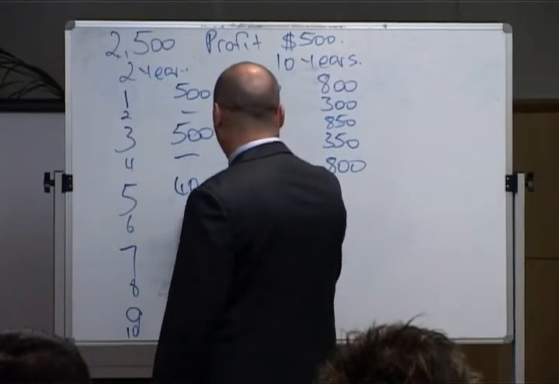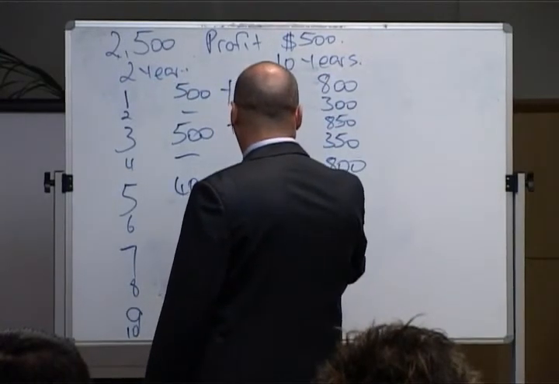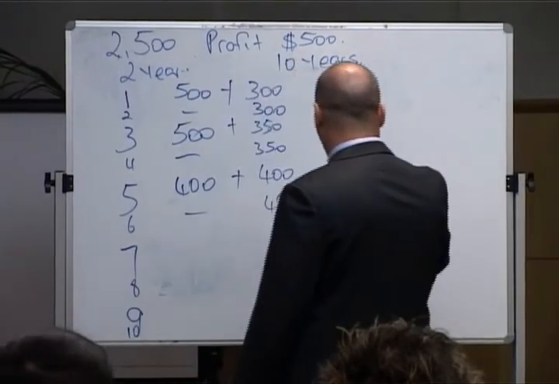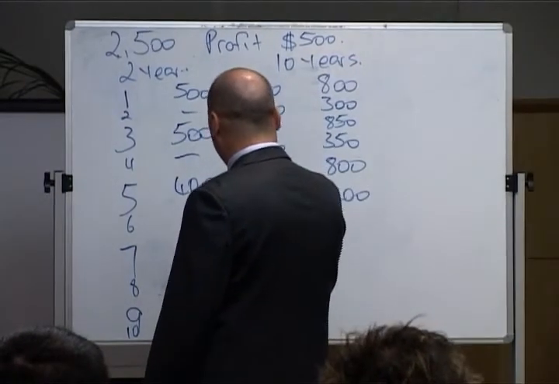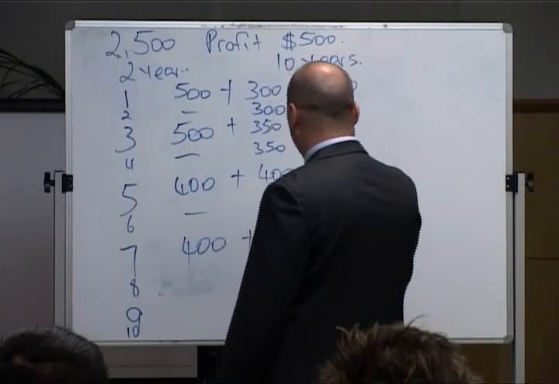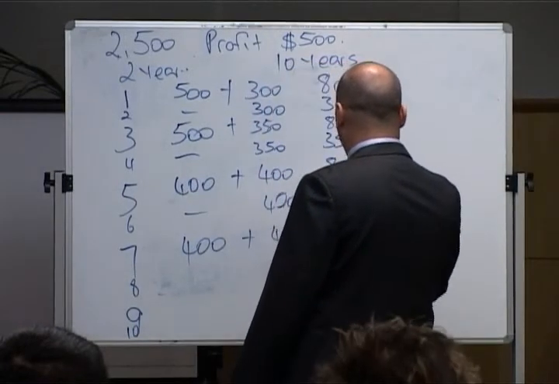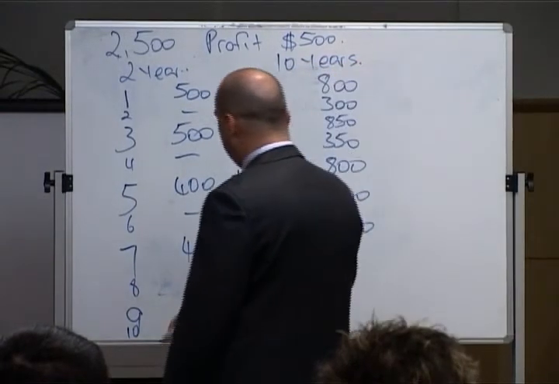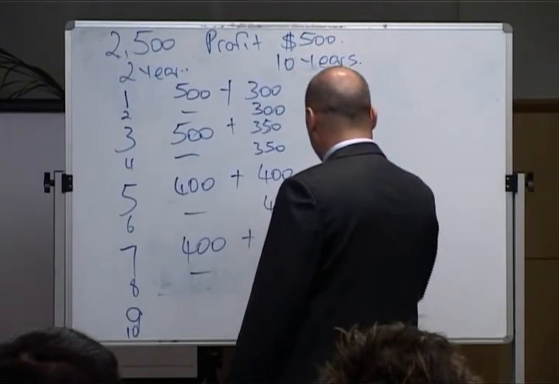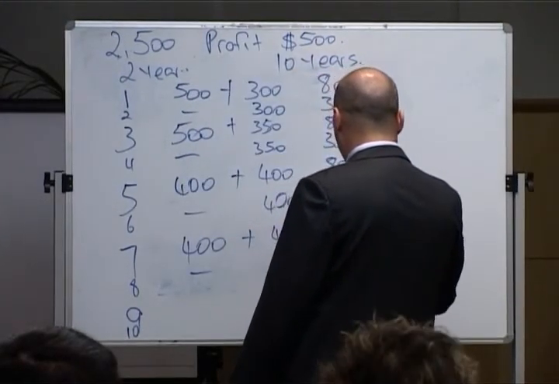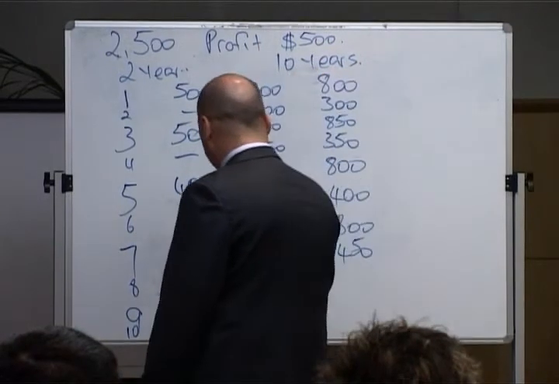Okay, year six, nothing. 400. Year seven, buy a computer again, plus 400. Round figures to make it easier. Year eight, nothing again. It's probably at 450. You're up for a computer again here.